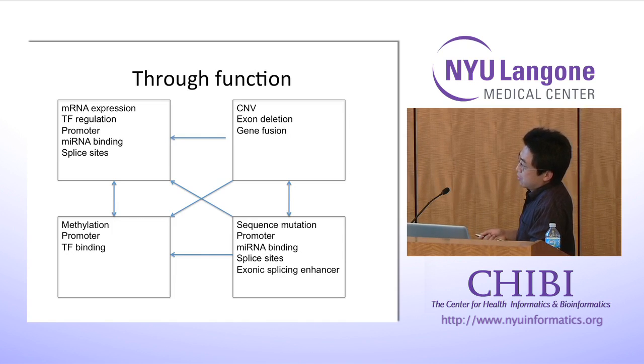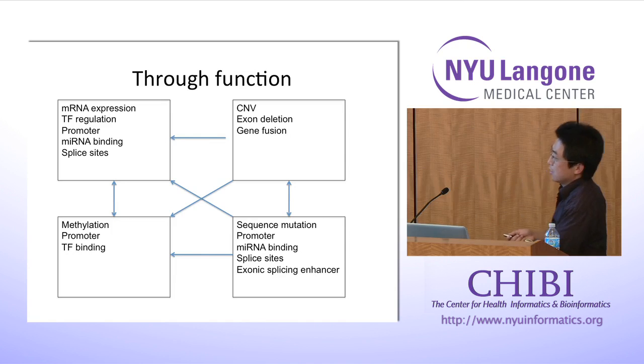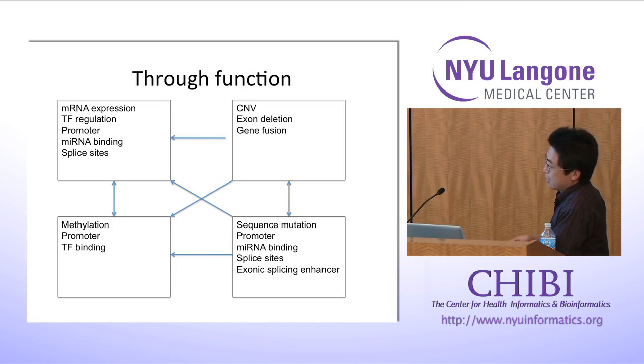If you have a methylation status change, you will check their promoter to see whether there are copy number changes or mutations on the promoter. And the same thing for transcription factor binding sites, because this is all about the promoter.